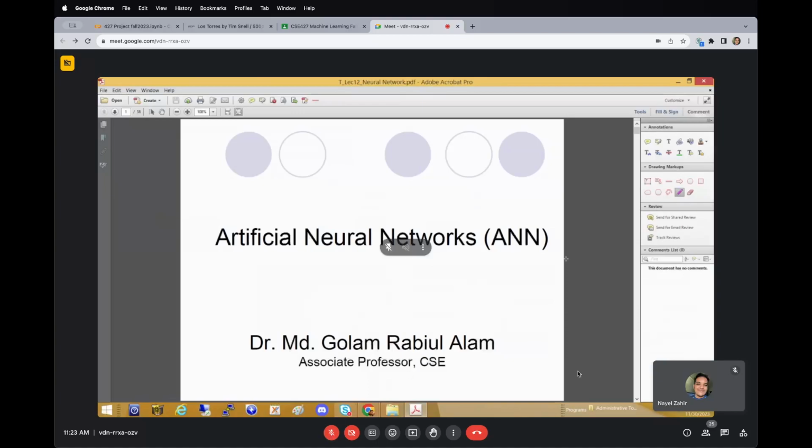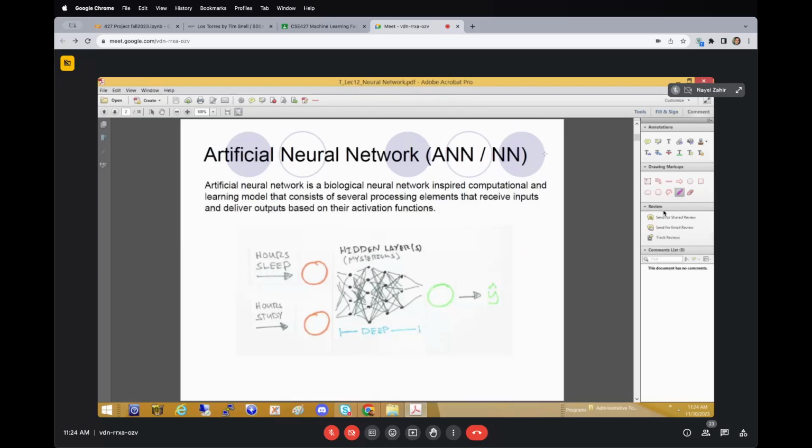In today's lecture, we will discuss artificial neural networks. I hope many of you already know about artificial neural networks. They are usually called a biological neural network inspired computational learning model.